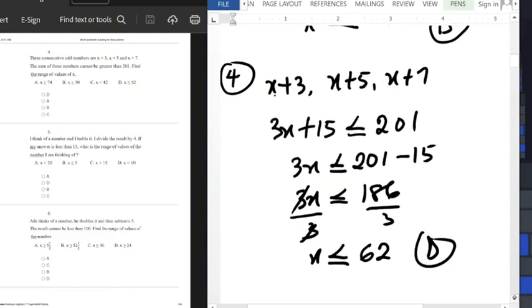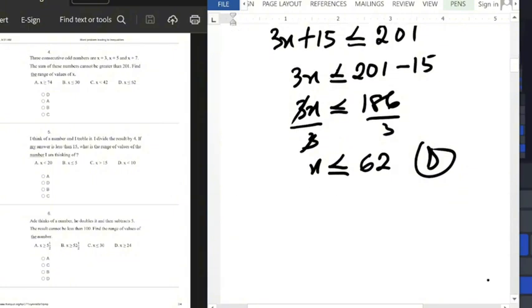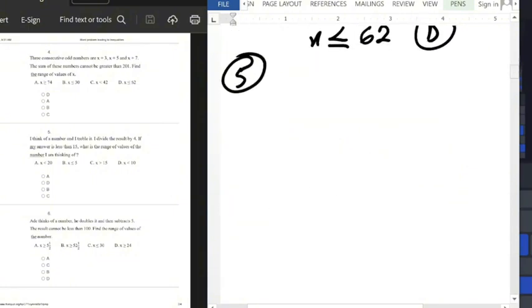So you move to question number 5. For question number 5, we have: I think of a number. So let the number be x. I treble it. When you treble a number, it means you multiply by 3.